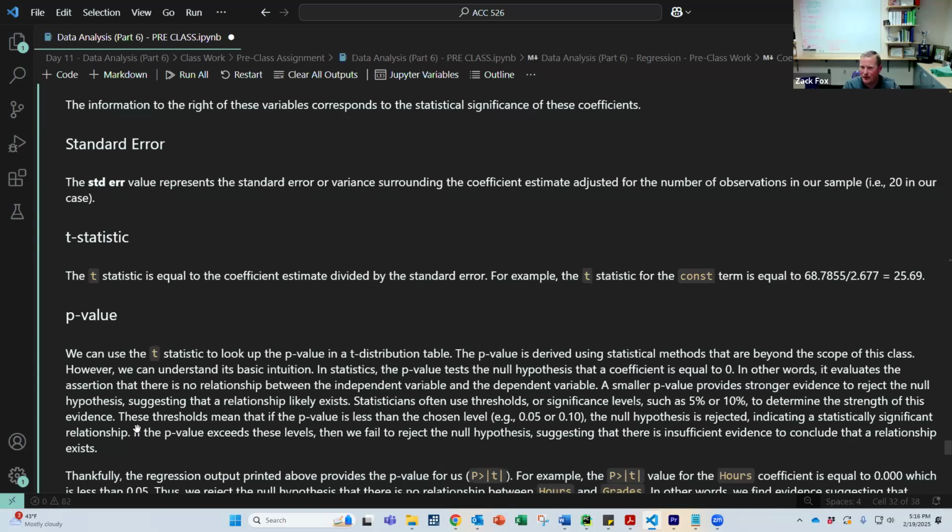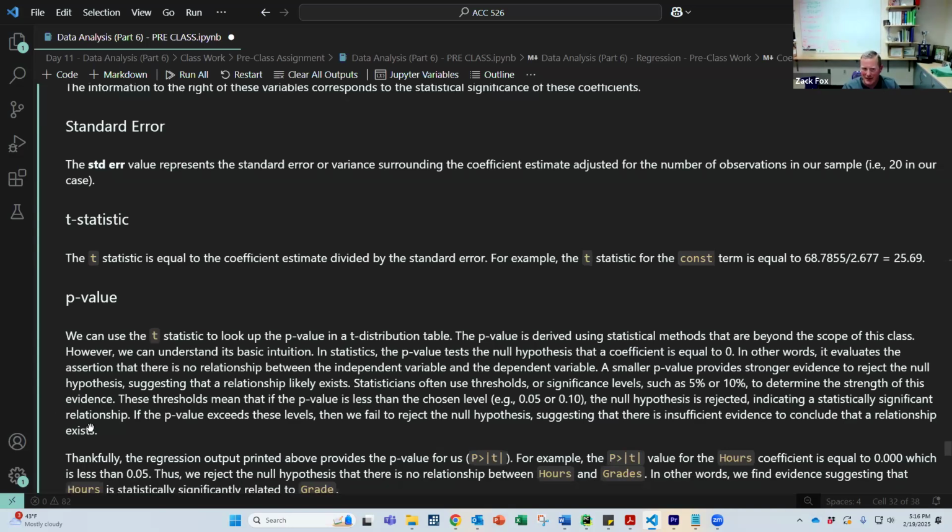The smaller the p-value, the greater the evidence that the null is not true, suggesting that a relationship likely exists. Statisticians often use thresholds or significance levels, such as 5% or 10%, to determine the strength of this evidence. If the p-value is less than the chosen level, so 0.05 or 0.10, the null hypothesis is rejected, indicating a statistically significant relationship. If the p-value exceeds these levels, then we fail to reject the null hypothesis, meaning there is insufficient evidence to conclude that a relationship exists.